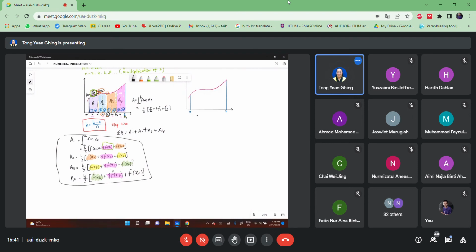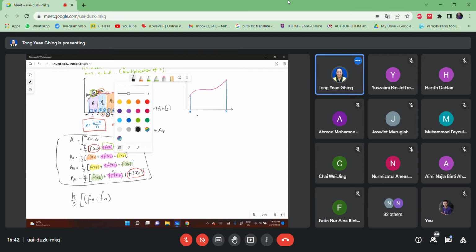H over 3, F0 plus Fn, where the first one, you look at here, appears only once. And then the last one, F X, the last one, also appears only once.